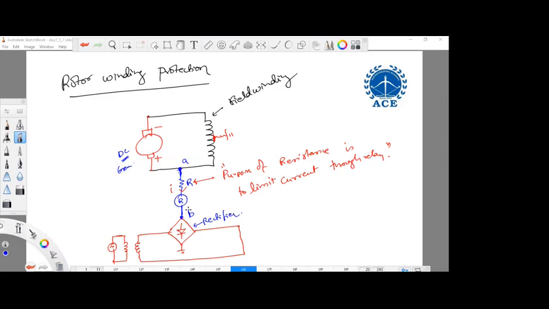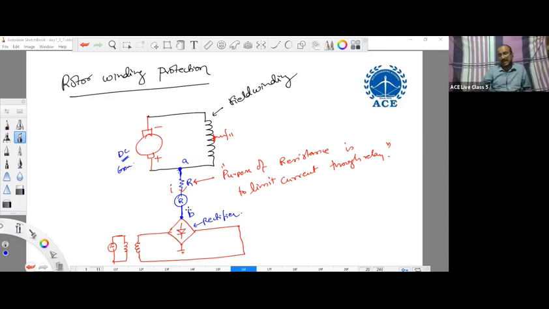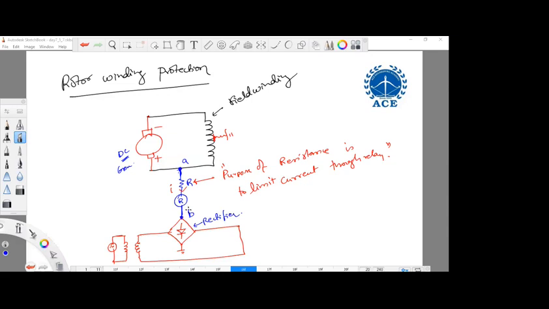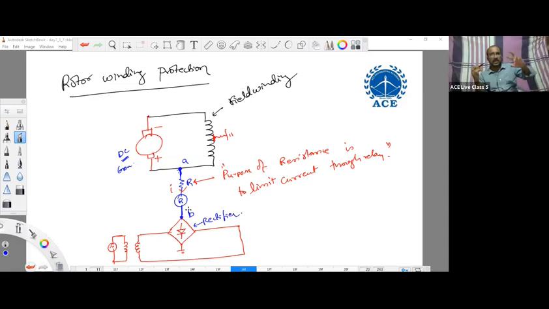Sir, what is meant by tertiary? Tertiary means third. Generally, any transformer will have primary and secondary, no? The third winding is known as the tertiary winding. Sir, what is the need of the tertiary winding? Because here you require excitation of the voltage coil and current coil, no?